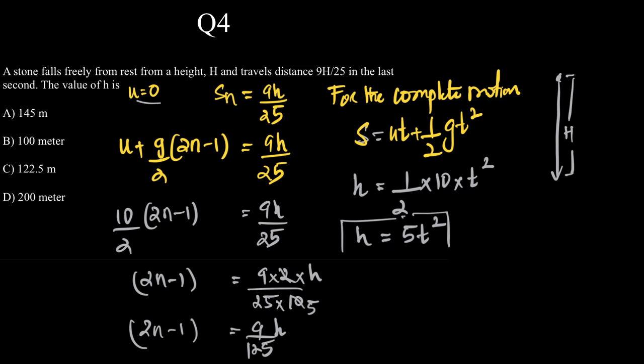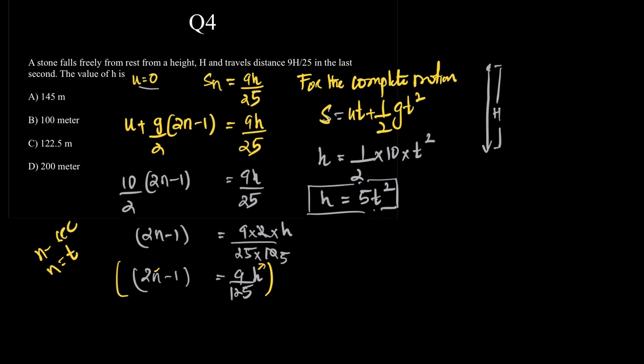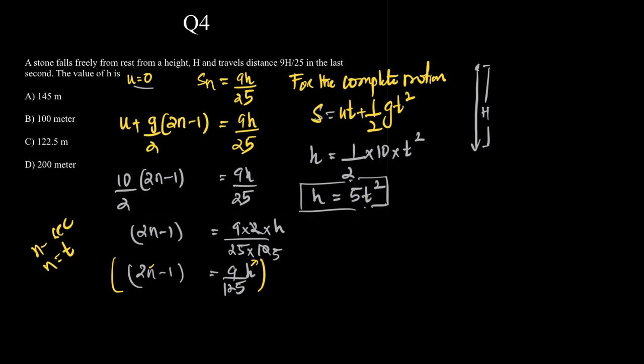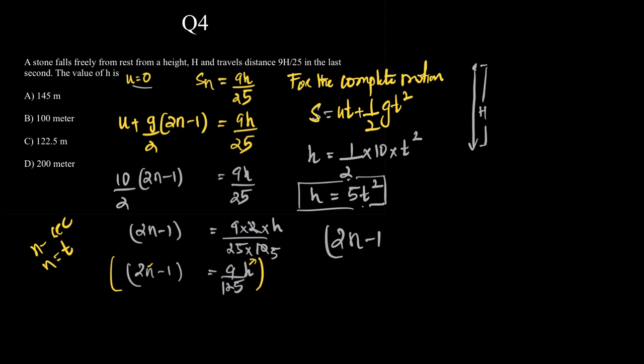Now you may ask me, why did I come to this equation? Because the equation over here has two variables, n and h. So now we can replace h by t square. n is basically the second, so n is equal to t. Now if we correlate these two, what do we get? 2n minus 1 is equal to 9 by 125 into h, and h we just found as 5t square.